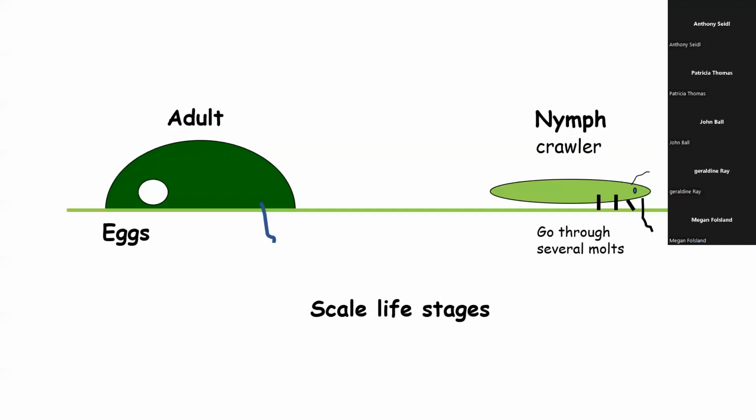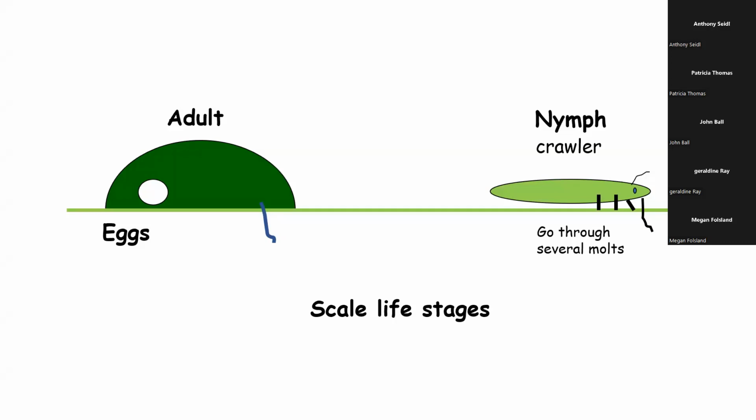They do have an adult stage. The adult stage is sessile. They are the original couch potatoes. They're not going to move at all. Kind of like us. You get older, you get kind of sedentary. You just want to sit in front of the TV with a beer and you're pretty happy. That's pretty much what a scale is.